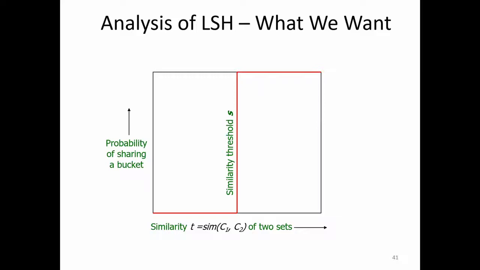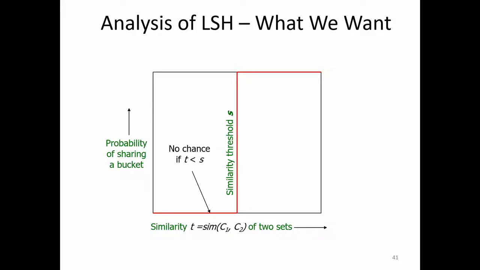Suppose you have a similarity threshold, say S. Ideally, for all the pairs of documents falling on the left side of the threshold S, the probability of them being a candidate pair, or them sharing a bucket, should be 0, and then suddenly it should become 1 at the threshold.